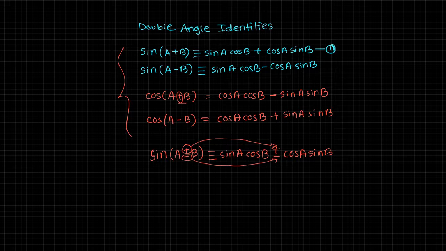So you can also remember like that. And for cos, you can write cos A plus minus B would be cos A cos B, then minus plus sine A sine B. Alright?